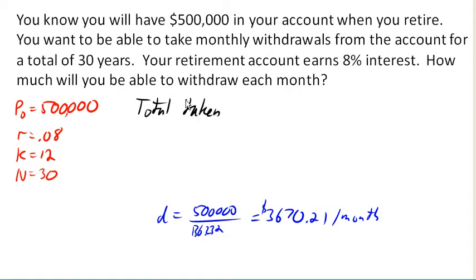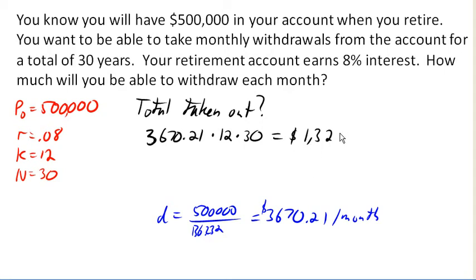Well, we took out $3,670.21 each month. There's 12 months in a year, 30 years that we're talking about here. So altogether, we took out roughly $1,321,275.60.